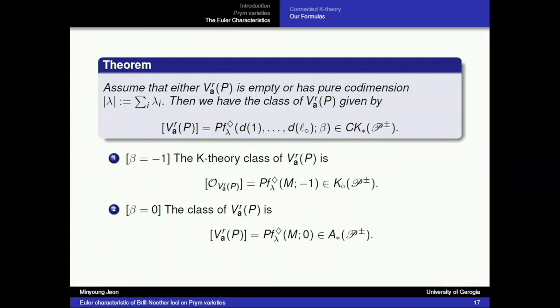By the nature of the connected K theory, if we specialize beta equals -1, then we can get the class of the structure sheaf of this pointed Prym Brill-Noether locus. And if we set beta equals 0, then we can get this Pfaffian formula. And if you compute this Pfaffian with the explicit skew symmetric matrix involving some Chern class and Euler class, then you can get the Schur P function.